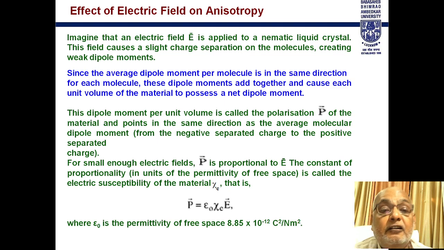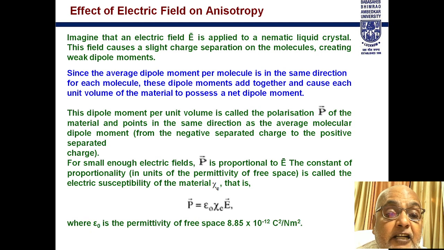Effect of electric field on anisotropy. Imagine an electric field E is applied to a nematic liquid crystal. This field causes a slight charge separation on the molecules, creating dipole moments.